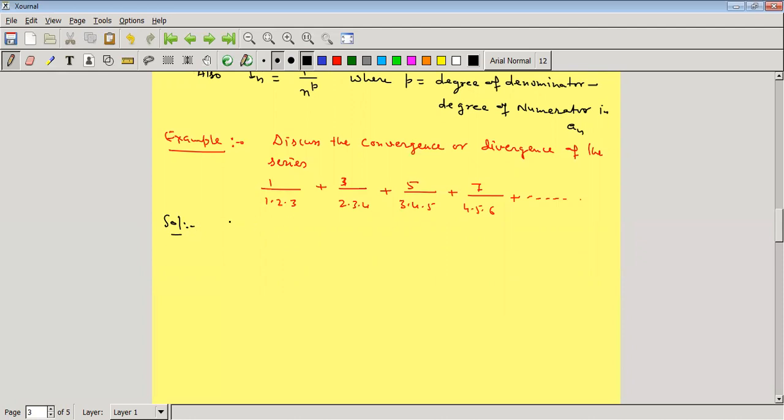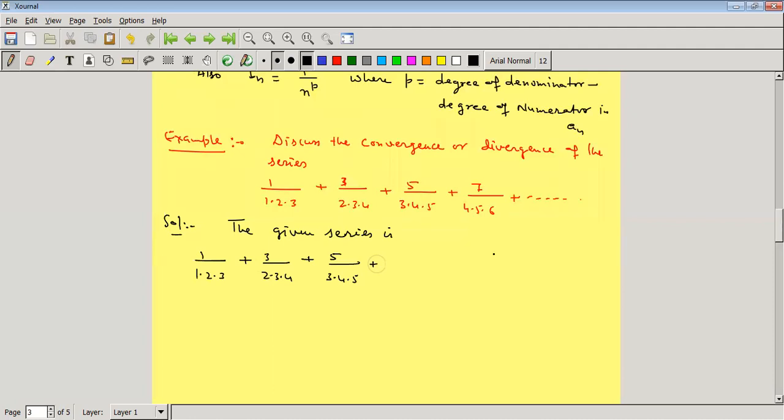The given series is 1 upon 1 into 2 into 3 plus 3 upon 2 into 3 into 4 plus 5 upon 3 into 4 into 5 plus so on.